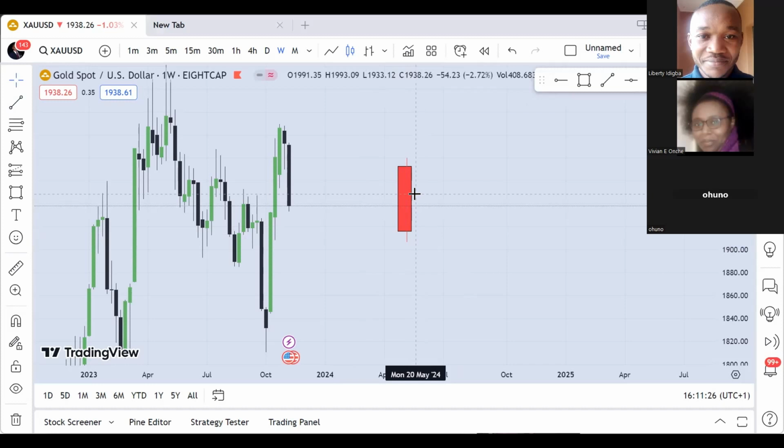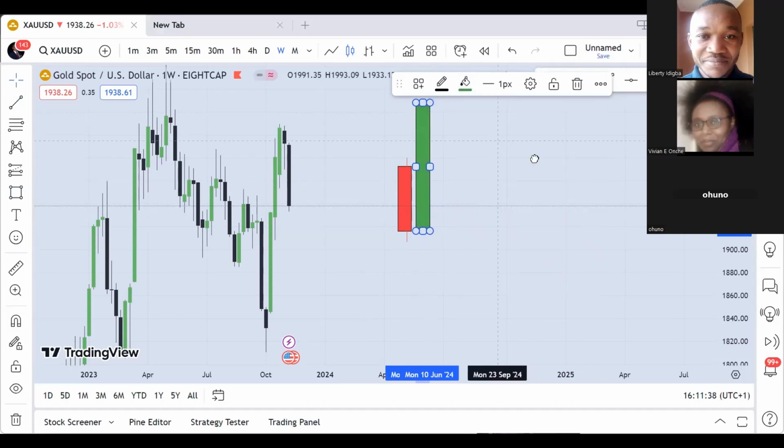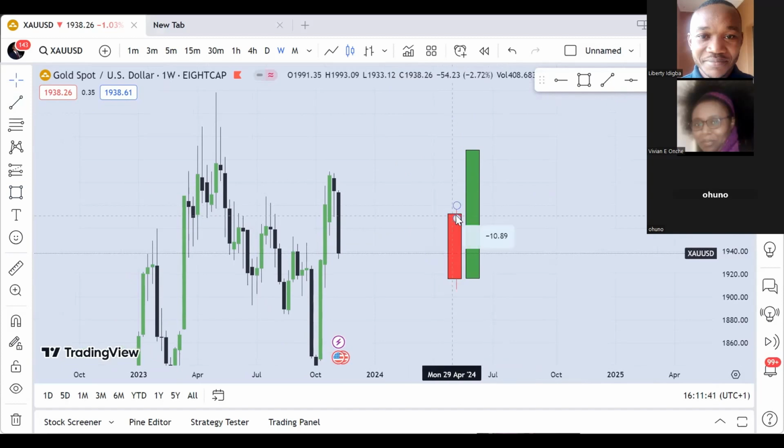So if you have a bearish candle followed by what? A bullish candle that eats it up to the upside. Let our bullish candle be green in this case. So you have a bearish candle that formed.